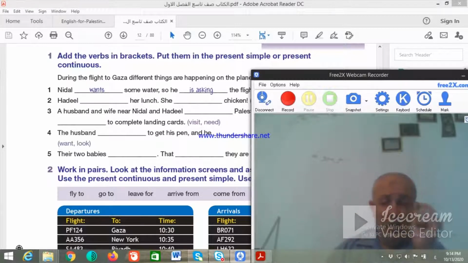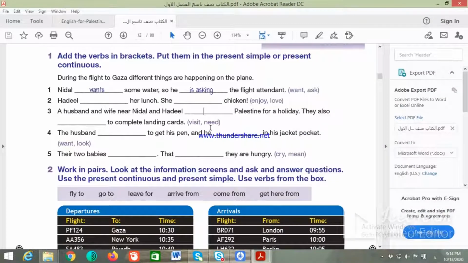Now we need 1 and 2, the present simple and the present continuous. I will read it, then I will give you the answer. Okay? Now, during the flight to Gaza, different things are happening on the plane.